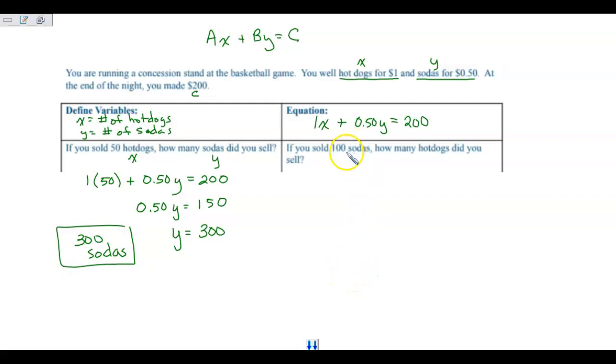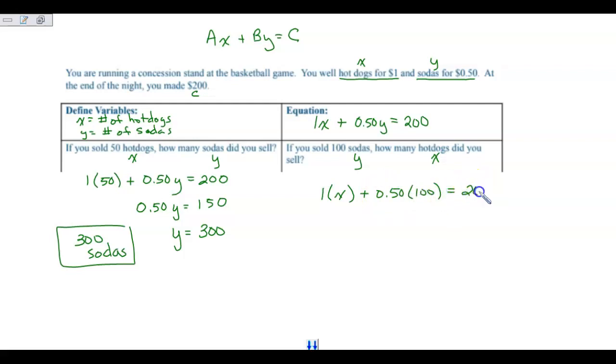If I sold 100 sodas, how many hot dogs did we sell? So this time, the sodas, that's my Y, and we're looking for our X. So if I have 1X plus 100 sodas, so we'll have 50 cents times my 100.